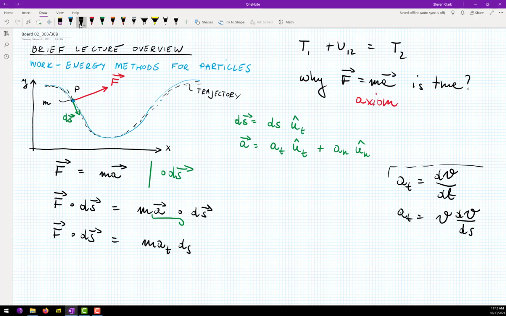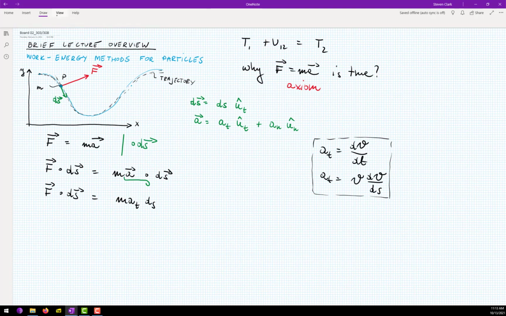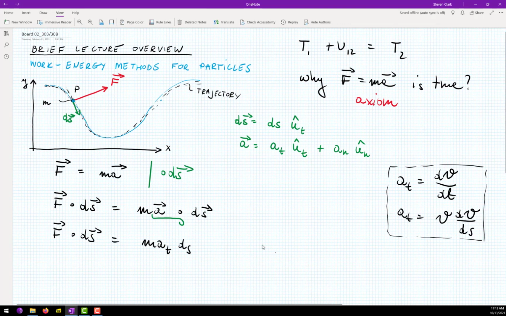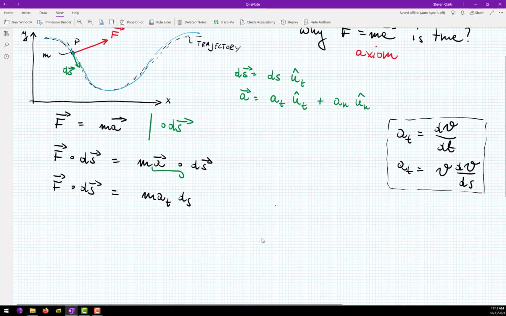The first one is useless for us today. We are going to plug the second one in here. So we will have F times ds, and here we will have m v dv. And we will integrate.